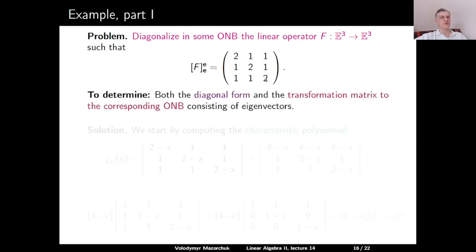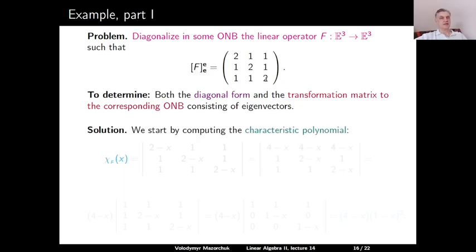In other words, we need to determine the diagonal form for this matrix and the transformation matrix to the corresponding ONB, which consists of the eigenvectors. We already know that a symmetric matrix is diagonalizable by the theorem, so we need to determine the diagonal form and the ONB which diagonalizes this matrix.